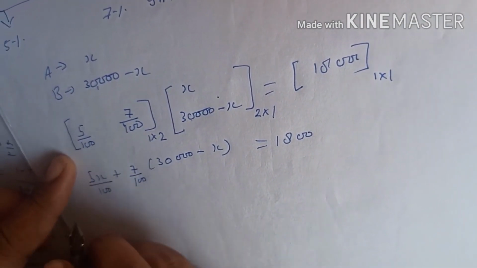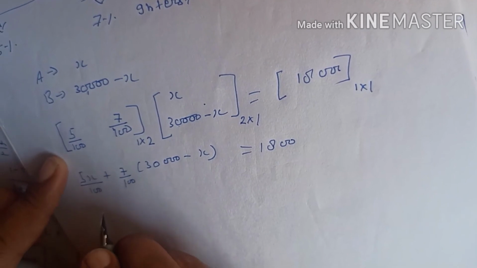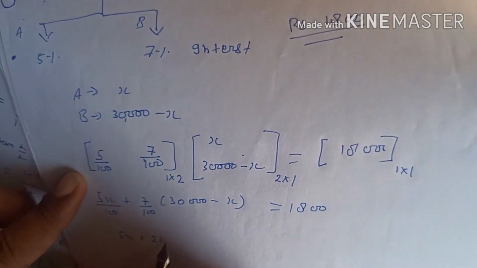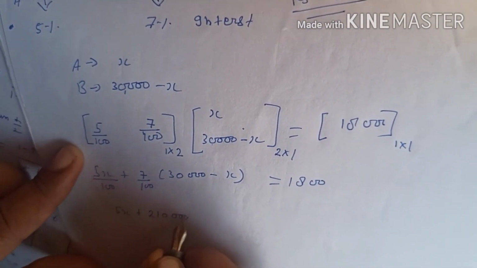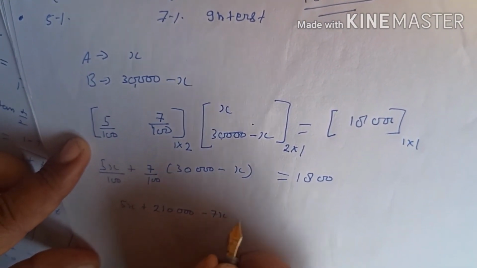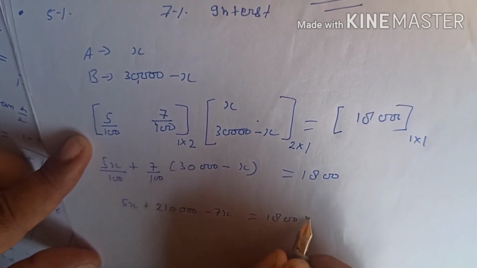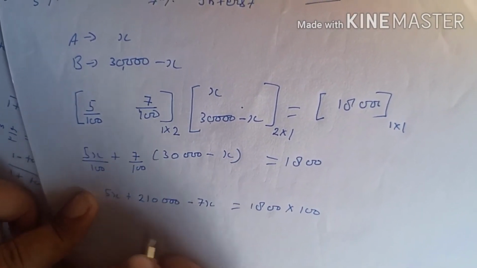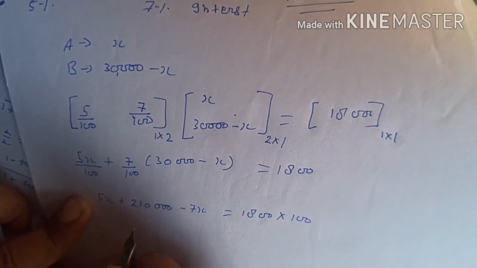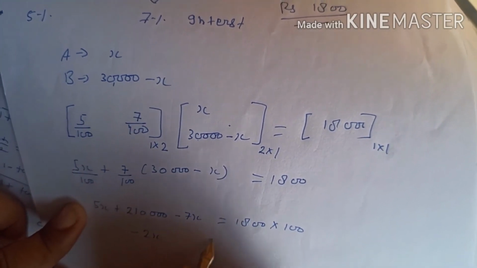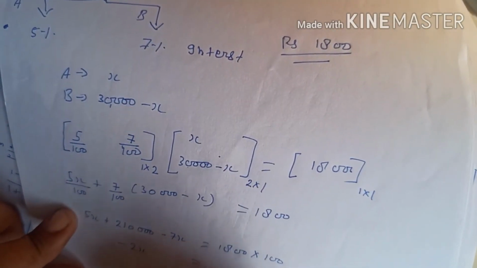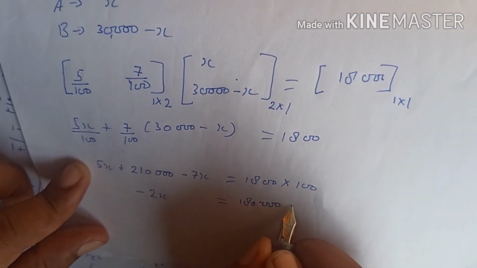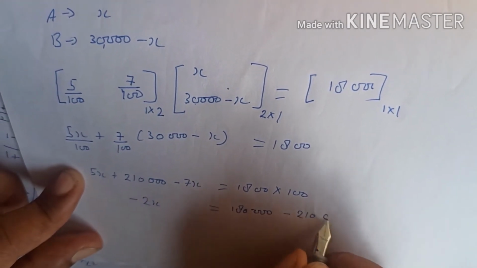So it becomes 5x plus 21000 minus 7x is equal to 1800 into 100. So it becomes negative 2x is equal to 180000 minus 210000.